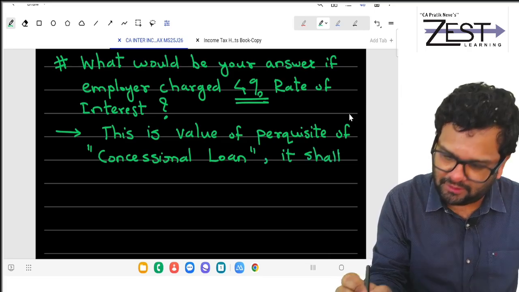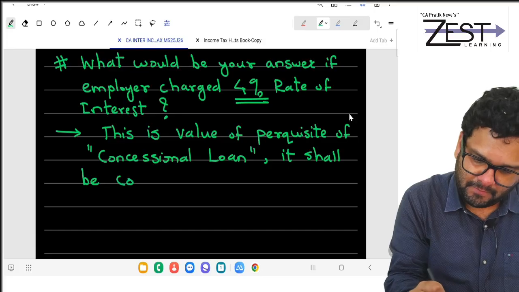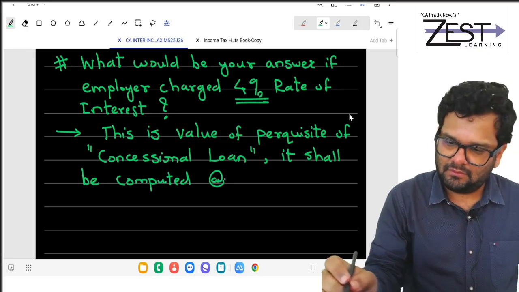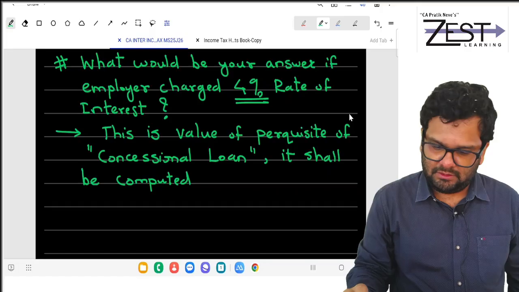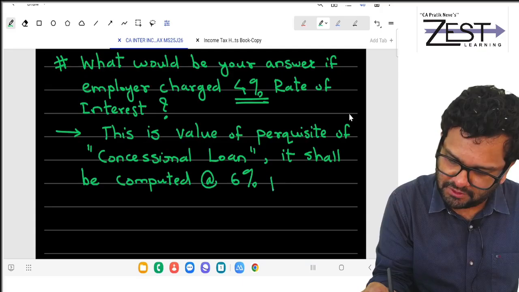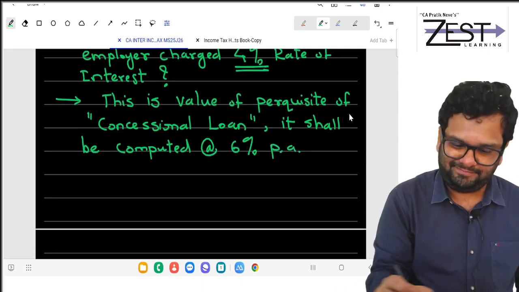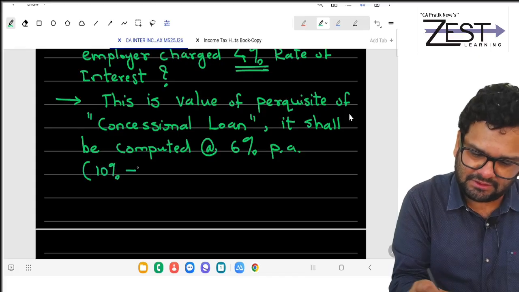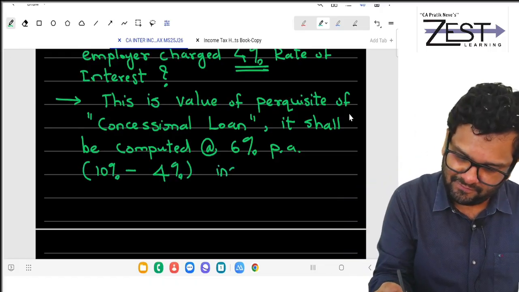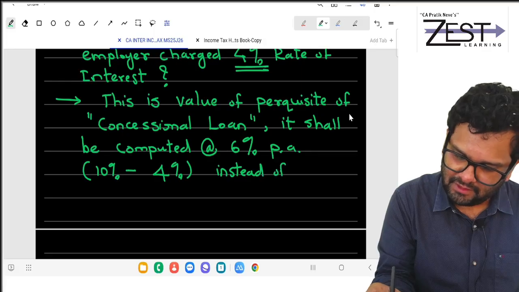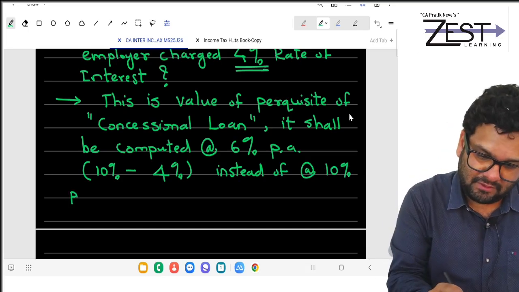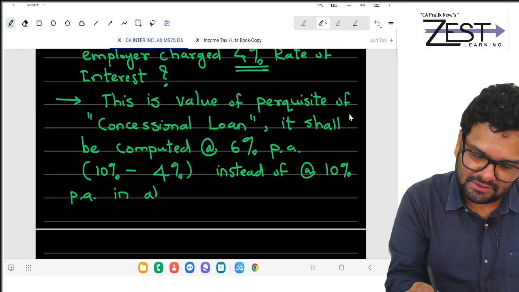It shall be computed at 6% per annum, 10% minus 4%, instead of at 10% per annum in the above case.